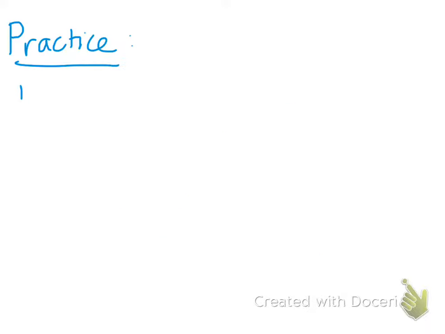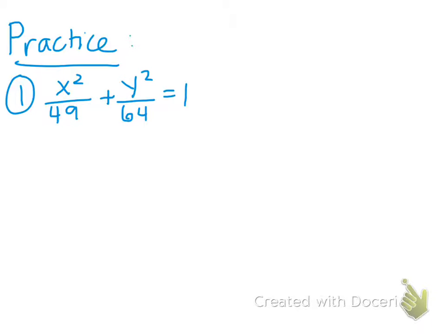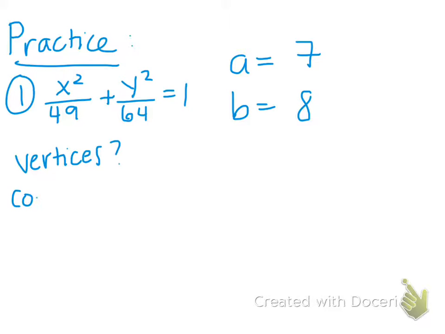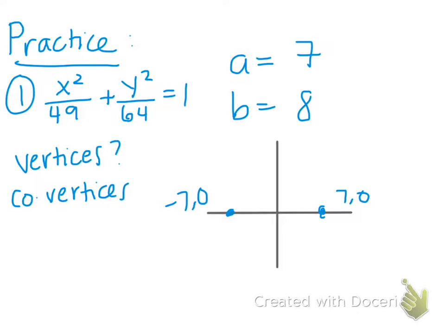Alright, we're going to do some practice problems. So given this equation, I want to figure out where my vertices and covertices are. So first thing I can do is figure out my A and B values. A is 7 because 7 squared is 49. B is 8 because 8 squared is 64. And now I can figure out my vertices and my covertices.